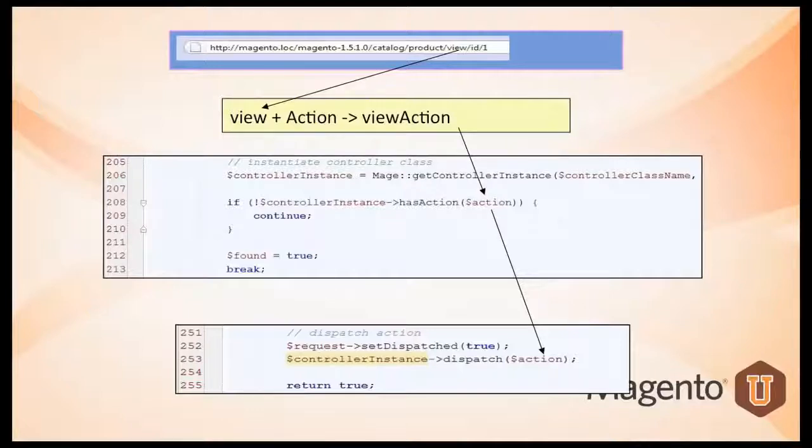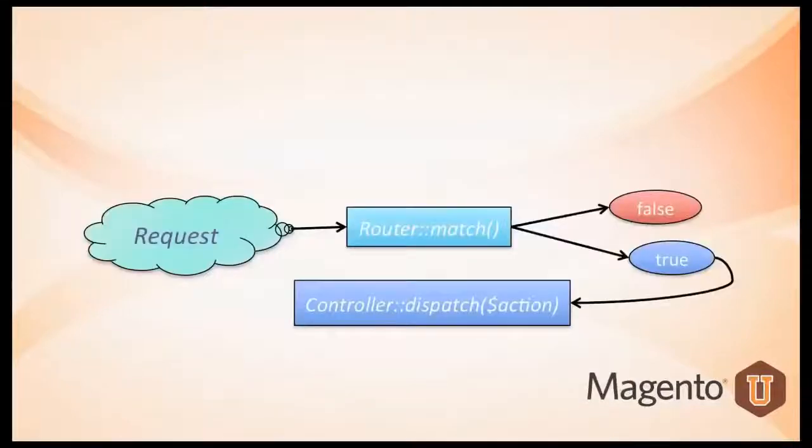What if a controller class does not have this method? The system searches the next corresponding controller. This means we can register several controllers for the same route in other modules. The system will iterate them all until it finds a controller with the method. As soon as the system finds a match, it stops searching.